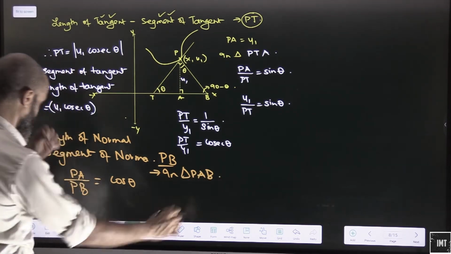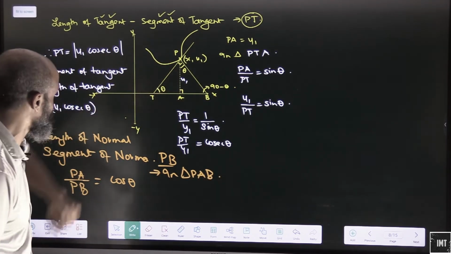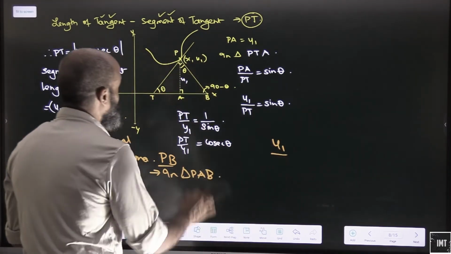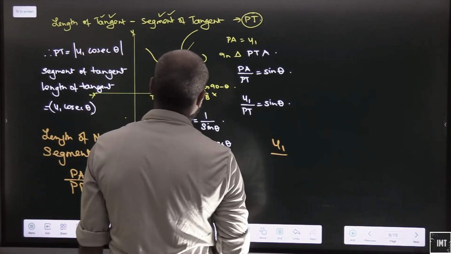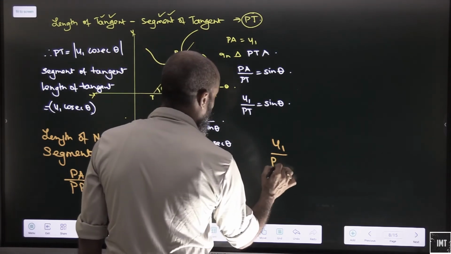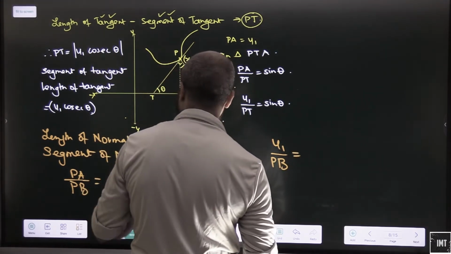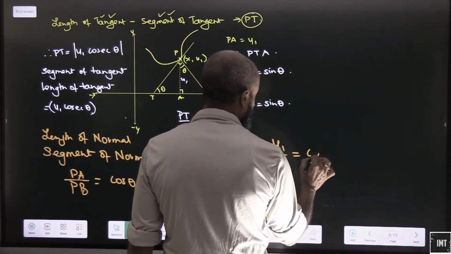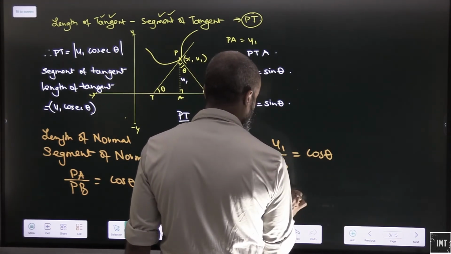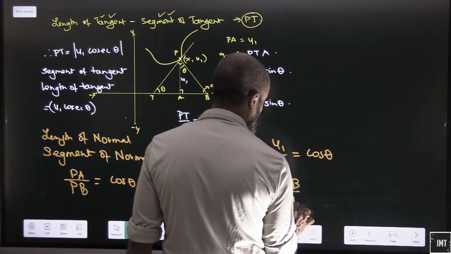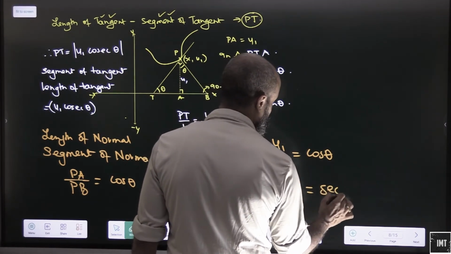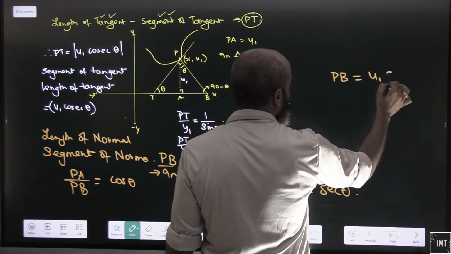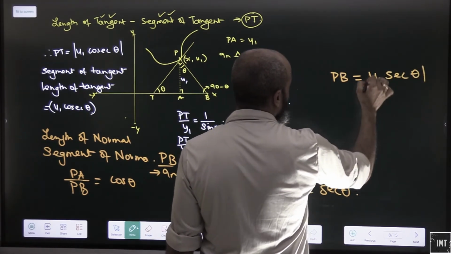In triangle PAB, PA by PB is equal to cos theta. PA is y1, and PB is not known to us. So PB by y1 is equal to sec theta, so PB is equal to y1 sec theta. We of course have to take the positive value here.